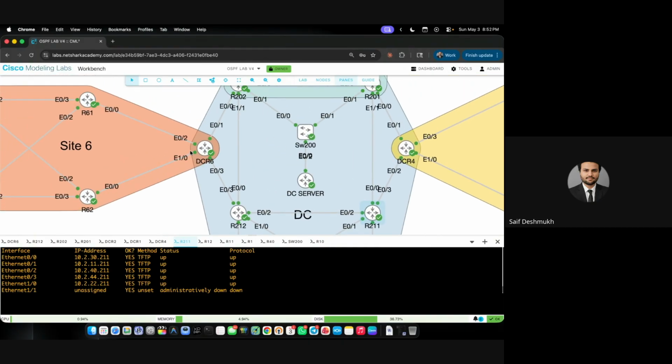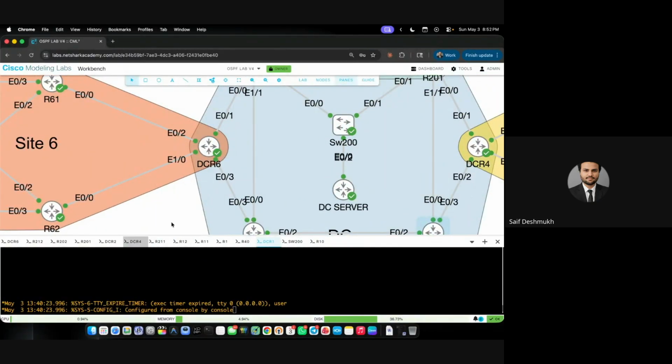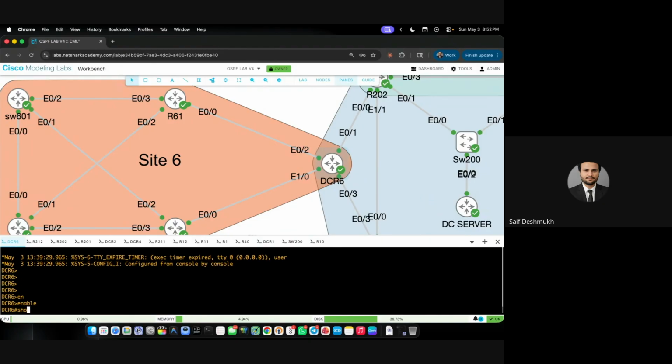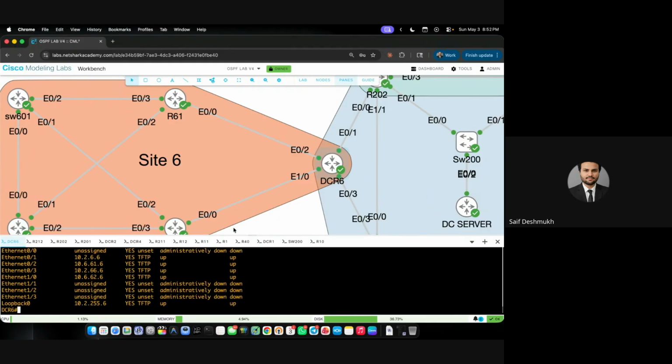But if you have a link, for instance data center router 6, it has 2 interfaces going towards site 6. It's using 10.6. So Ethernet 0/2 has 10.6.61.6, 61 going towards 61.